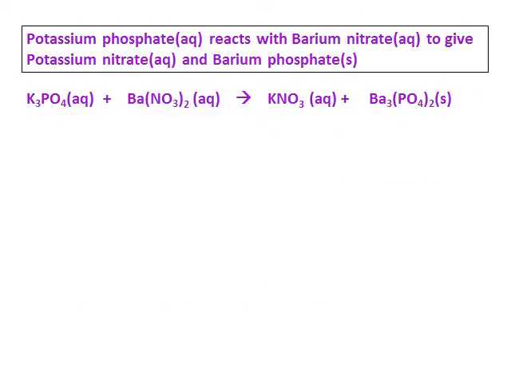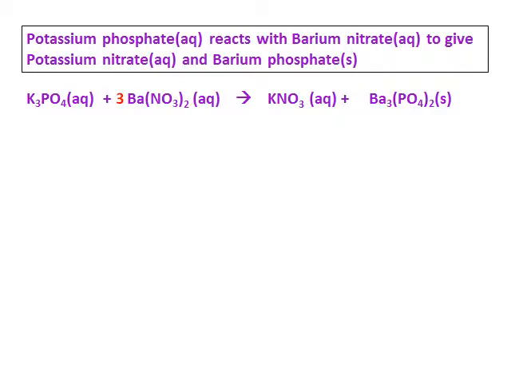Let's do one more balancing. The equation which you are going to do is potassium phosphate reacts with barium nitrate, and it gives potassium nitrate and barium phosphate. The equation is potassium phosphate K3PO4 reacts with Ba(NO3)2, gives you KNO3 and Ba3(PO4)2. So in order to balance this, let's just look at barium. You have 3 bariums on the product side, just add 3 barium on the reactant side.